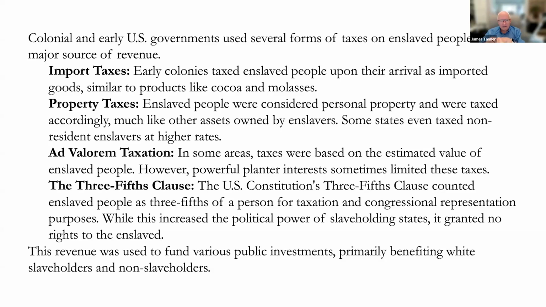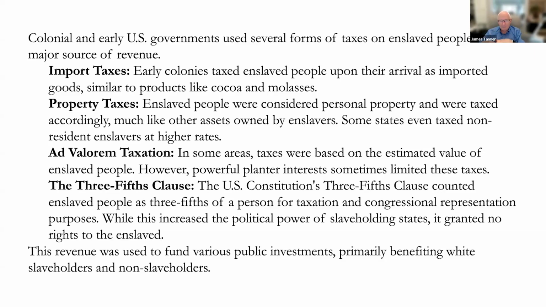And then there's the 3/5 clause, which was one of the really bad parts of the process of enslaving people. The U.S. Constitution said that enslaved people were counted as 3/5 of a person for taxation and congressional representation purposes.